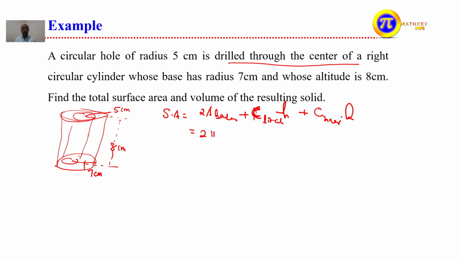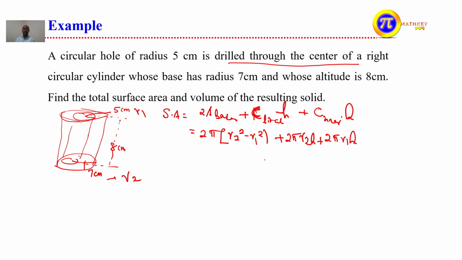So twice the base area is 2 pi, with r2 for the larger radius and r1 for the inner radius, so 2 pi times (r2 square minus r1 square), plus the circumference of the larger one, 2 pi r2 h, plus the inner one, 2 pi r1 h.